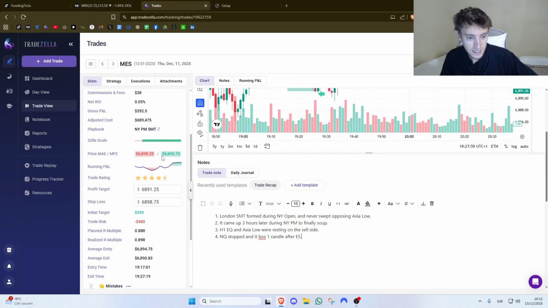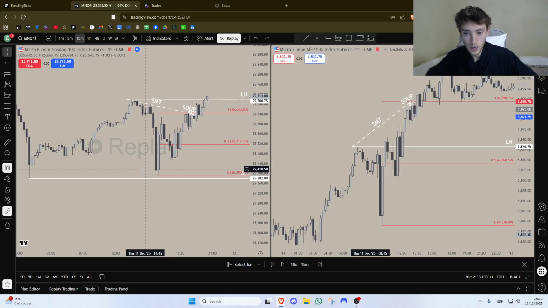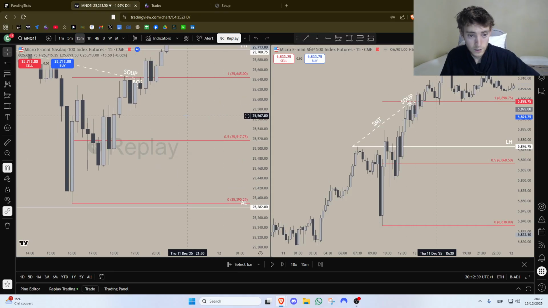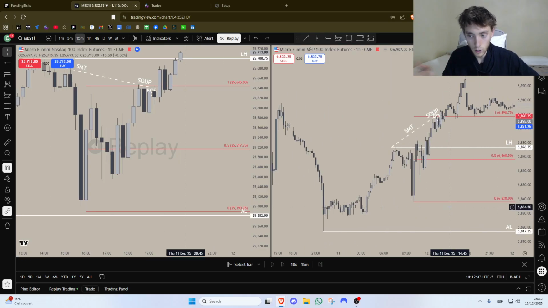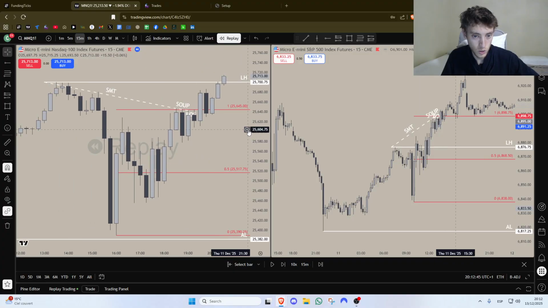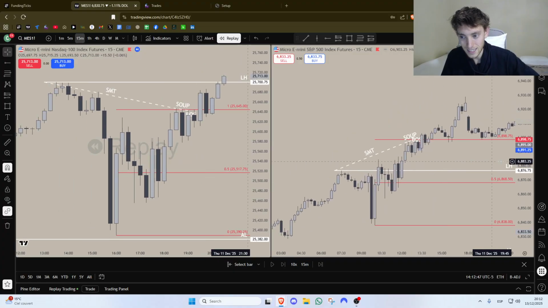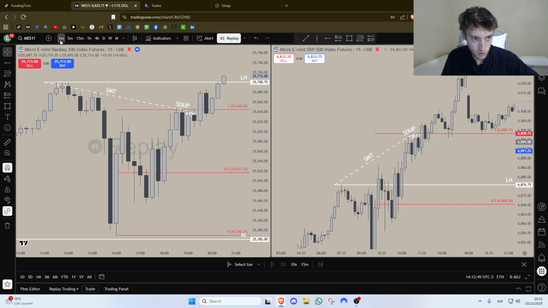But I guess that's a weird one because that very rarely happens. Either you have an SMT and then the SMT gets invalidated within an hour, going down or up, whichever, or it gets confirmed or gets invalidated like that. Previous day is a little bit different. That can hold longer because it's a stronger drawn liquidity. But I guess that's why. But really, it followed all the rules to a T.